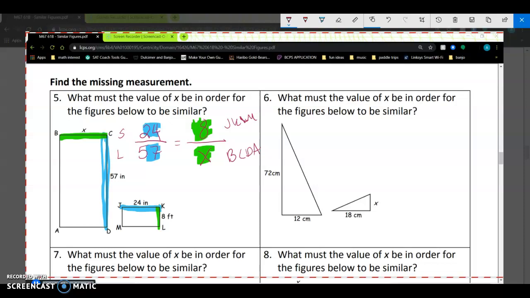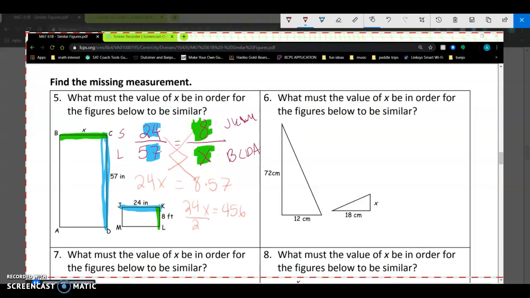All right. Now, in order to solve this, pretty straightforward, we just cross multiply. So we get 24x is equal to 8 times 57, which is 456.